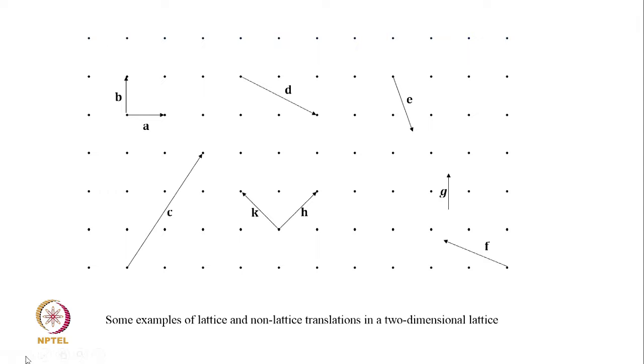So, let us look at some of these lattice and non-lattice translations we talked about yesterday, that in any given lattice, if I have a vector from one lattice point to another lattice point, like this vector A connecting two nearby lattice points, that is a lattice translation. So, this is a lattice translation, B is also a lattice translation. What about C?